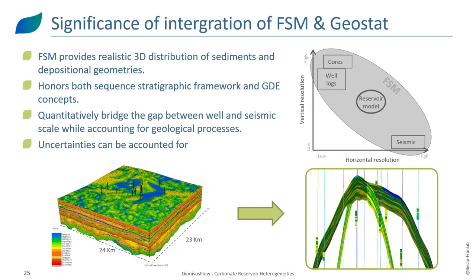And then when we integrate these with the geostatistics, we are able to really translate the geological uncertainties into reservoir models eventually. Now, the options you have for performing such an integration can basically be divided into two categories, option A and option B.